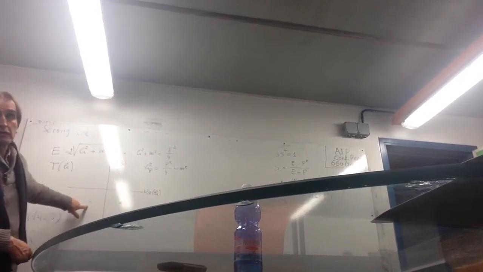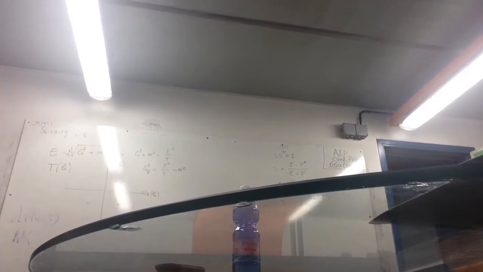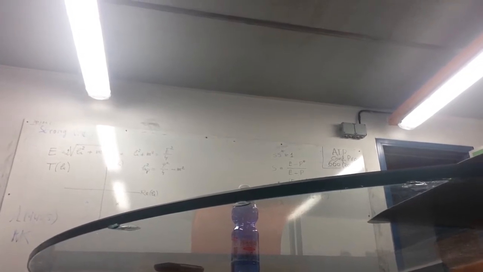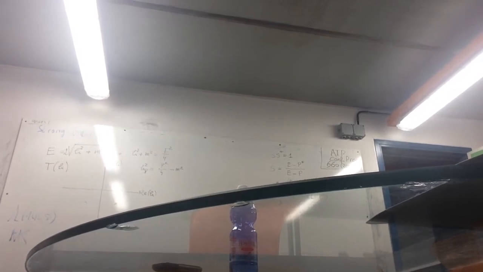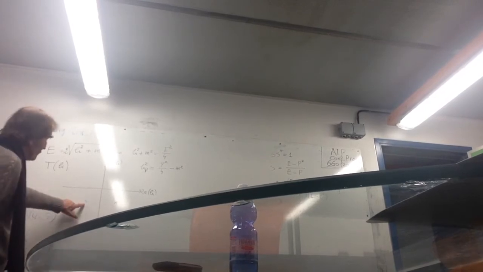Okay. No, but I don't understand that. This doesn't follow from that relation. No. They should be mirror images. It's a square. Why should they? This is not K squared.